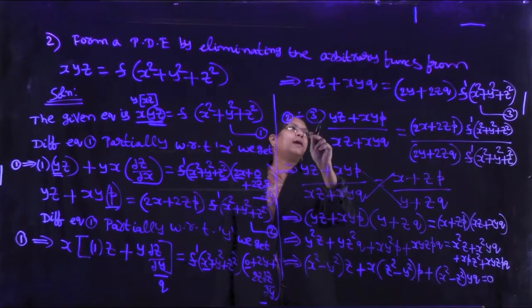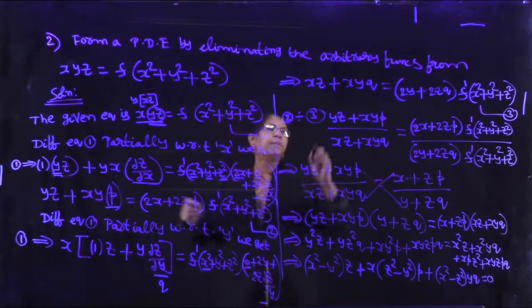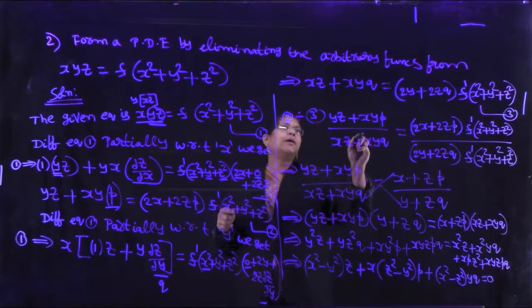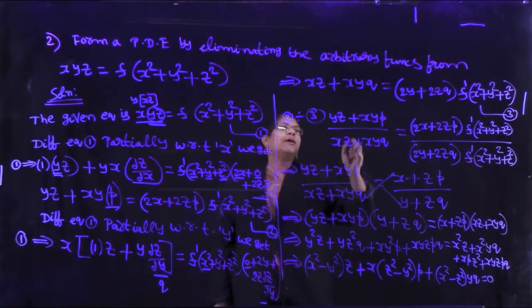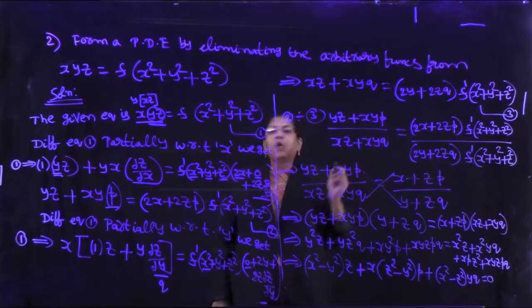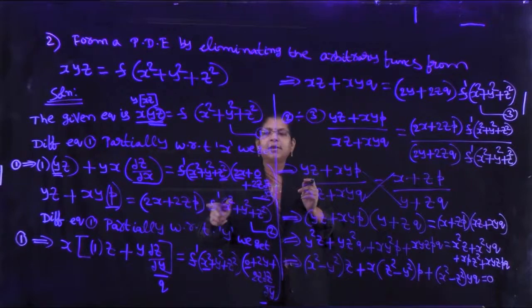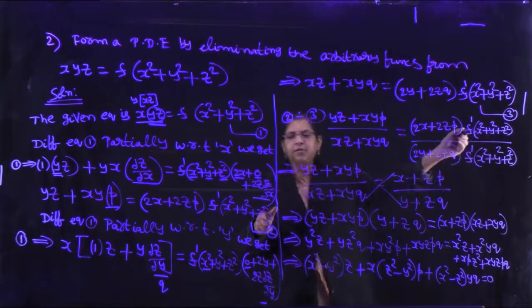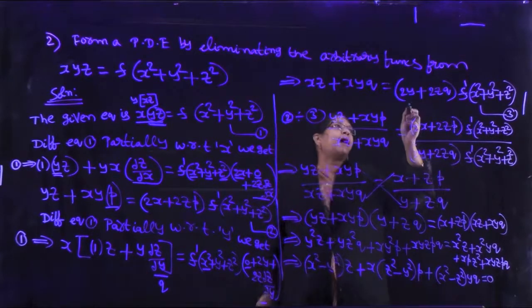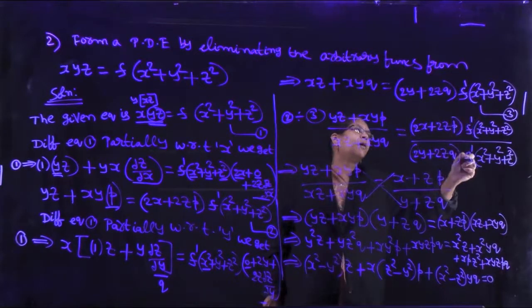What is the LHS of equation 2? yz + xyp, divided by the LHS of equation 3, xz + xyq, equals the RHS of equation 2, (2x + 2zp) f'(x² + y² + z²), divided by the RHS of equation 3, (2y + 2zq) f'(x² + y² + z²).